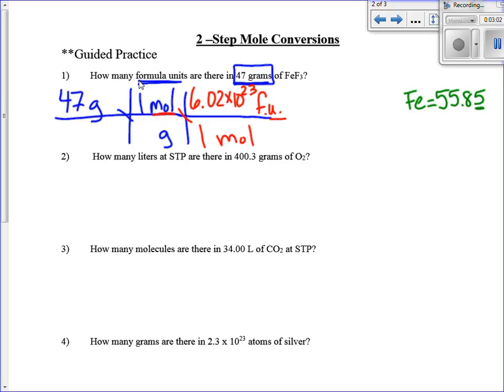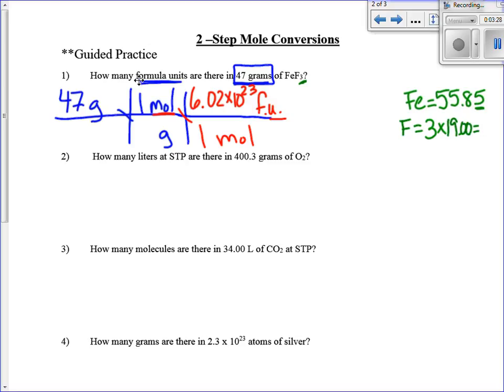But our fluorines, how many of them are there? We have how many? 3. So we're going to multiply the fluorine number by 3. And what's fluorine's mass? So the 18.999 is going to change into 19.00. So that one will be 19.00.